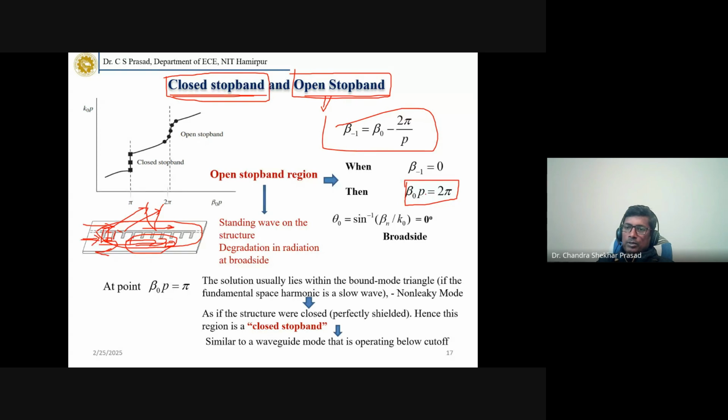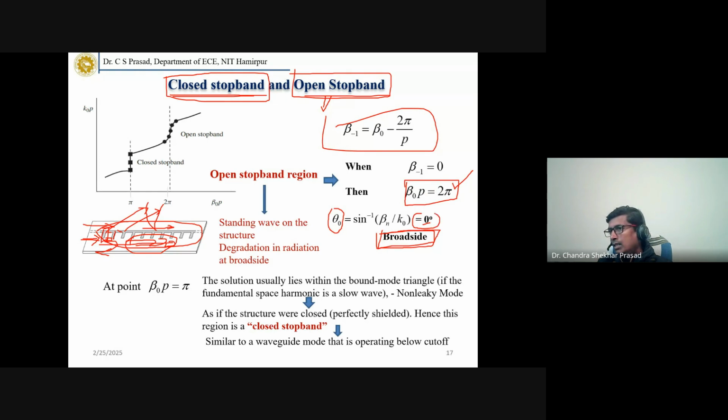If you see this value, beta naught p equal to 2 pi, and calculate the angle of radiation, it is 0 degrees, that is, at broadside. So when we have this open stop band, your radiation will degrade at broadside.